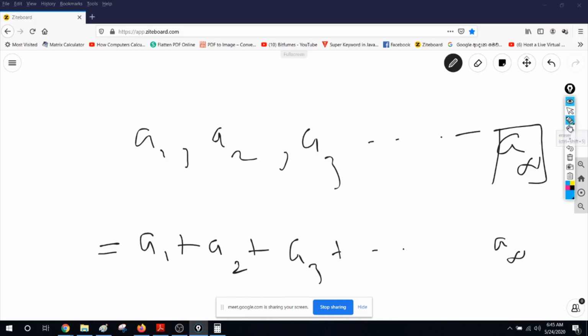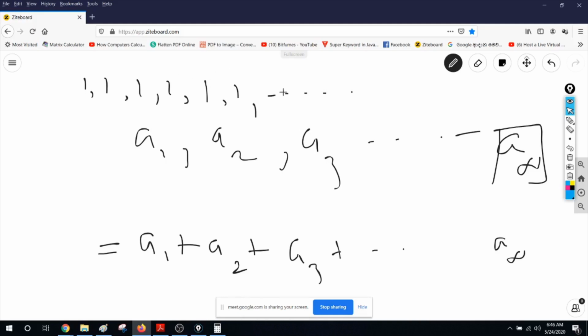Something like this: 1, 1, 1, 1, 1. Is it a sequence? Is there a pattern? Of course, this is the easiest pattern in the world. The next one is also the same one, which is 1, 1, 1.